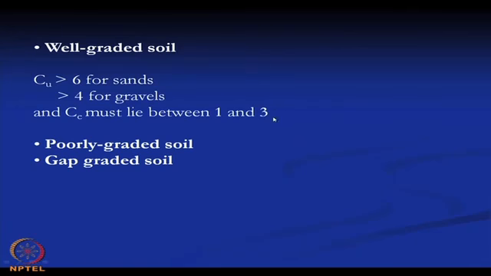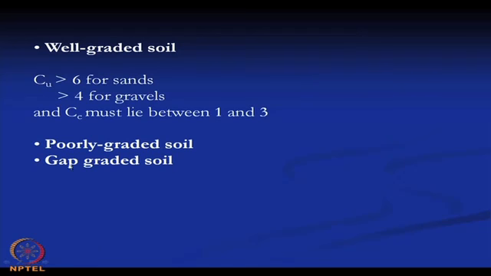The purpose of these two coefficients is to identify whether the soil is well graded or poorly graded. A soil is well graded if Cu is greater than 6 for sands and greater than 4 for gravels, and Cc lies between 1 and 3. If it does not satisfy this condition, then that type of soil is called poorly graded soil.